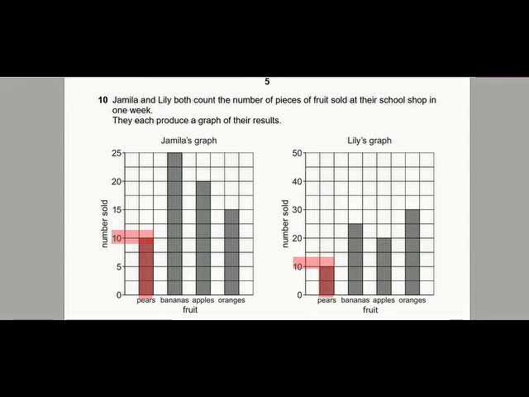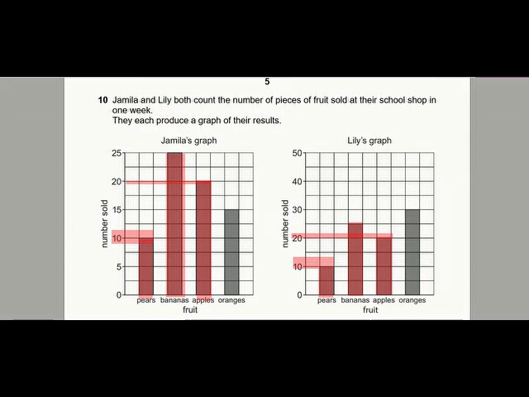Now let's see bananas. This one is 25. So the same amount of fruit. Apples, it goes up to 20, and apples, it goes up to 20 again.